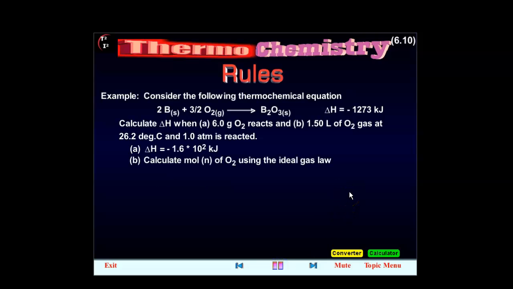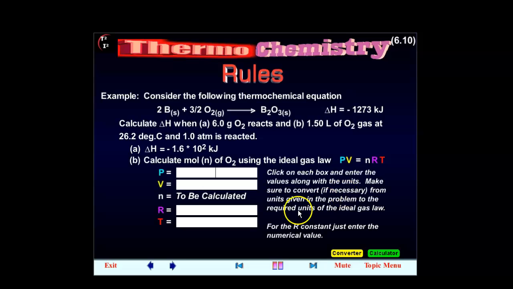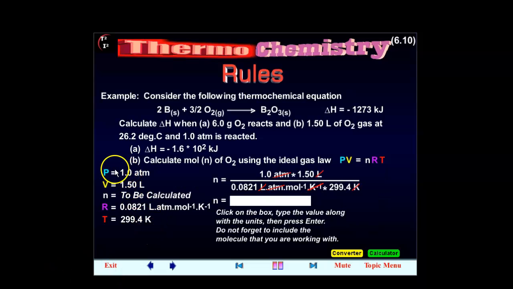B. Calculate moles n of O2 using the ideal gas law PV equals nRT. These are the data for P, V, n, R, T. Then making n the subject of the formula, you get n equals these values.